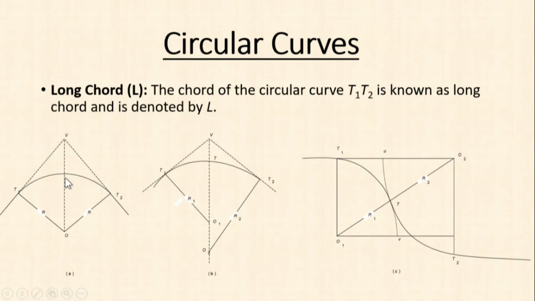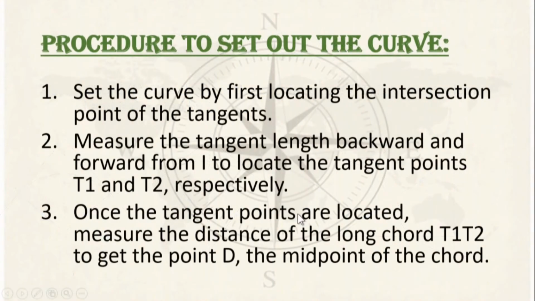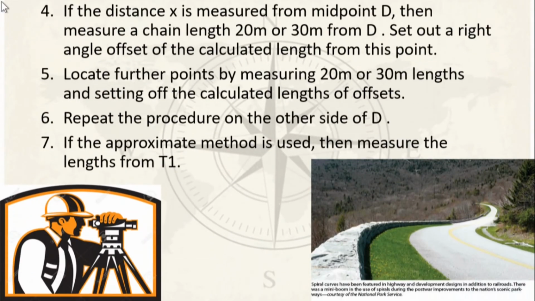So the midpoint is here, O, and you'll get the midpoint O. If the distance x is measured from the midpoint, then measure a chain length of 20 or 30 meters from D. It's not necessarily 20 or 30 meters, it's based on the length of the midpoint or T1 and T2.